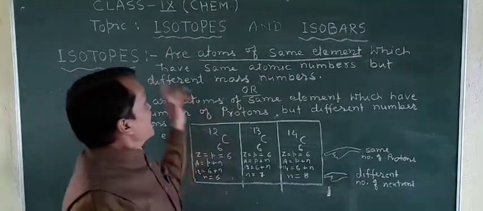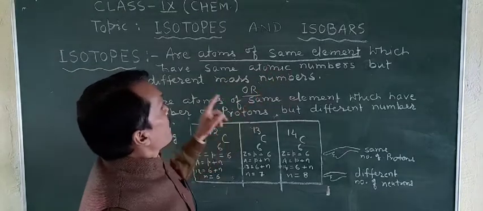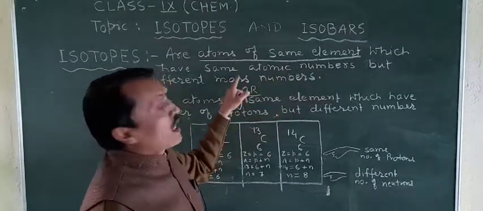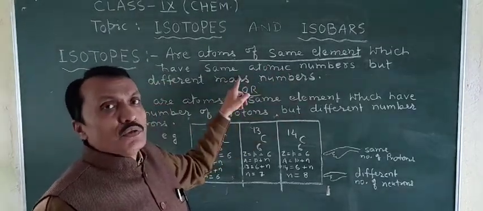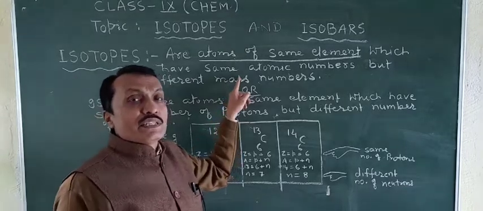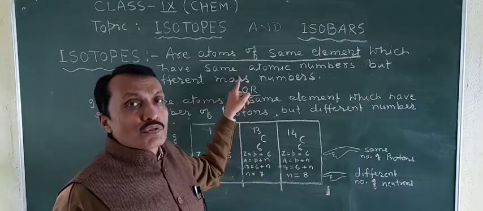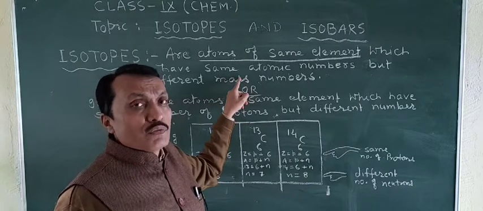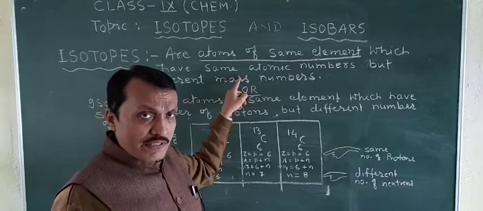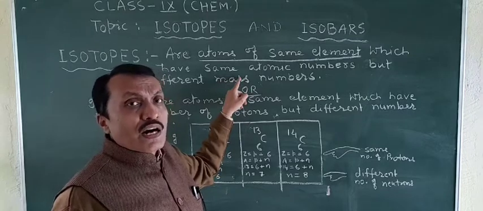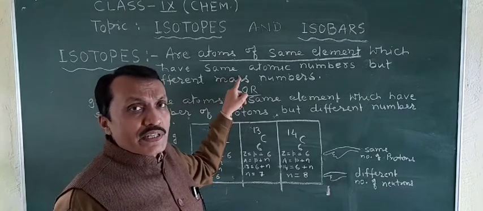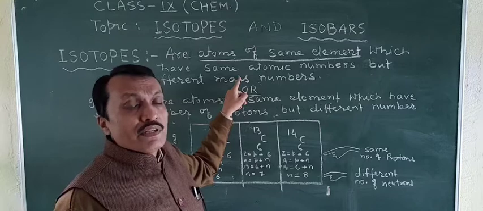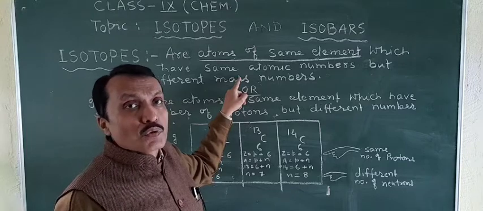Students, in isotopes, atomic numbers are the same, and you know atomic number is the number of protons in the nucleus of an atom. So also you can say isotopes are atoms of the same element which have the same number of protons.